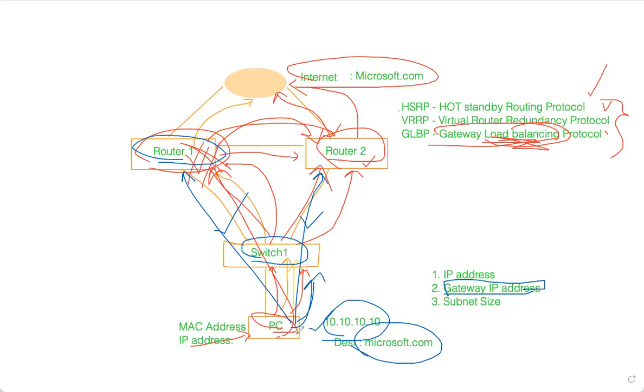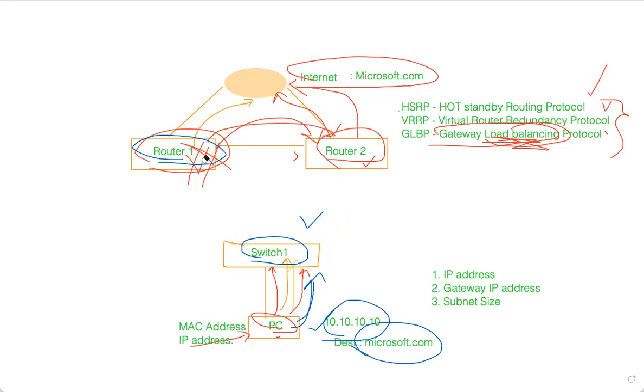So in this case, if I give router 1 the IP 10.10.10.1, and I configure the PC's gateway IP as 10.10.10.1, it will definitely take that path.